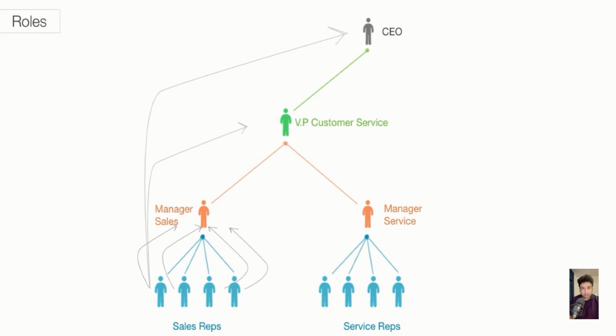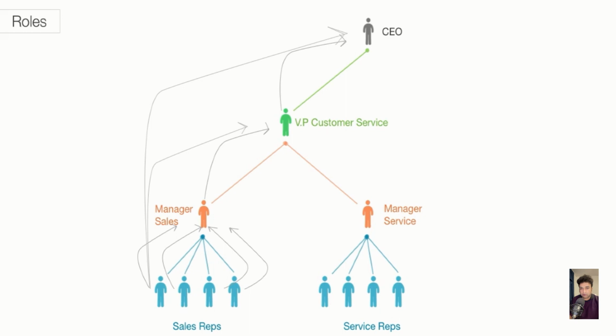Similarly, all the records that are accessible by the manager need to be accessible for the VP and the CEO. To make all this sharing possible, you would have to probably create so many sharing rules, making it complex and hard to maintain. Or you can define roles and hierarchy.